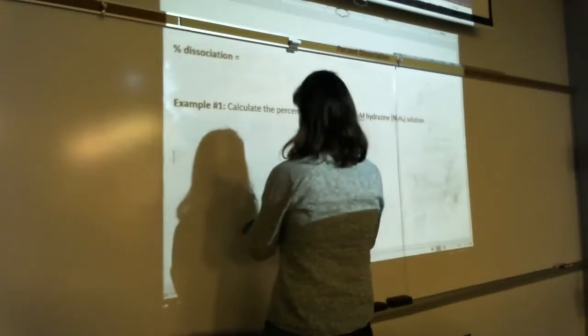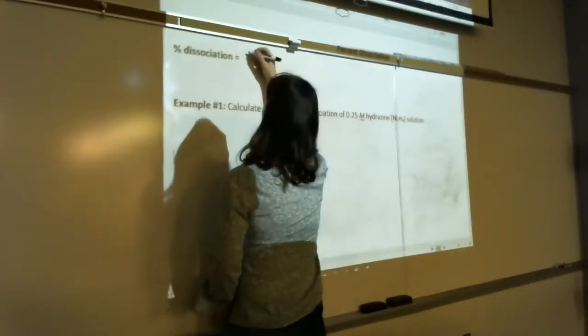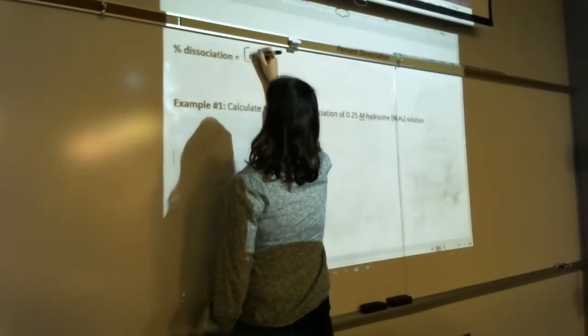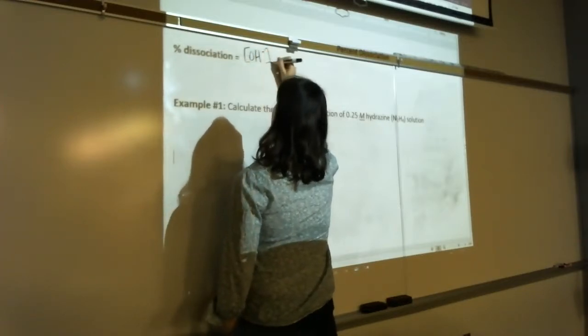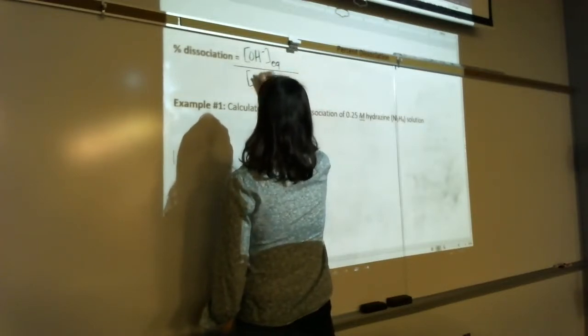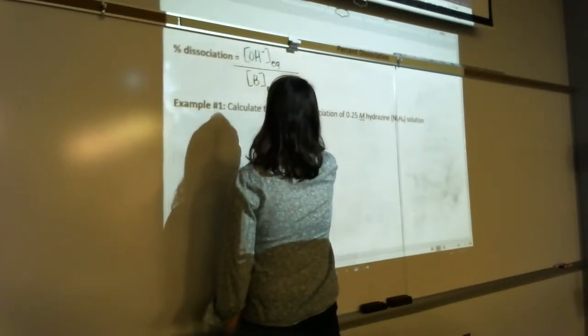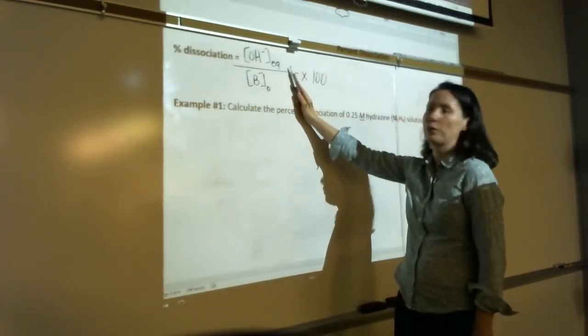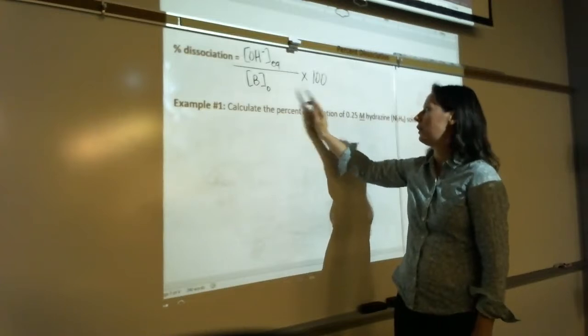So we're going to do this the same way we did it for weak acids. Instead of H3O plus, we're going to use OH minus, because that's the base version. OH minus at equilibrium divided by the initial concentration of the base times 100, right? This is what you have at equilibrium. This is what you began with, times 100.